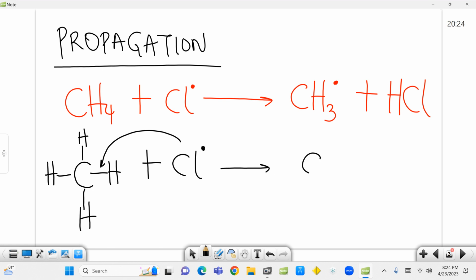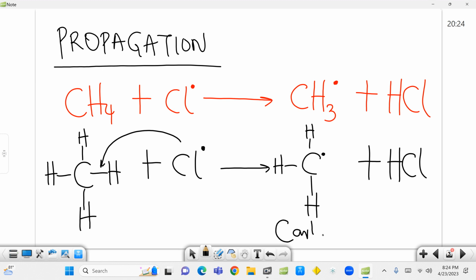Therefore we get the same carbon atom with 3 hydrogen atoms, but this time the carbon atom has lost that hydrogen, and the hydrogen is now attached to the chlorine radical to become hydrogen chloride gas. So we form the new substance, the carbon radical, and hydrogen chloride gas. This is the propagation stage.